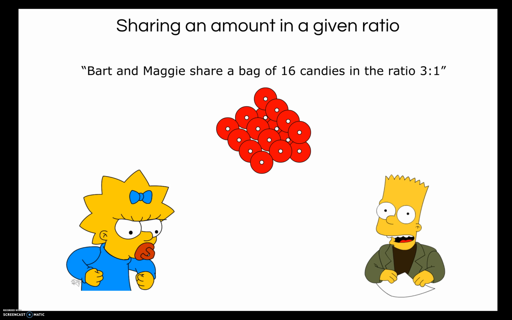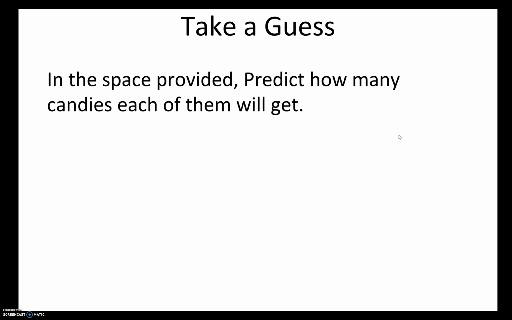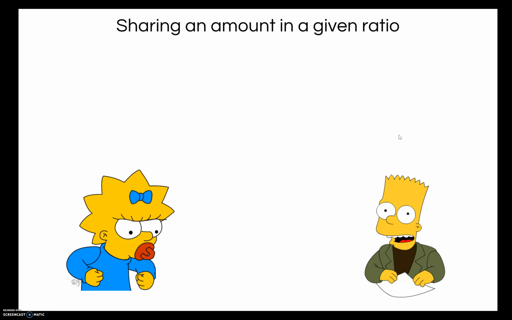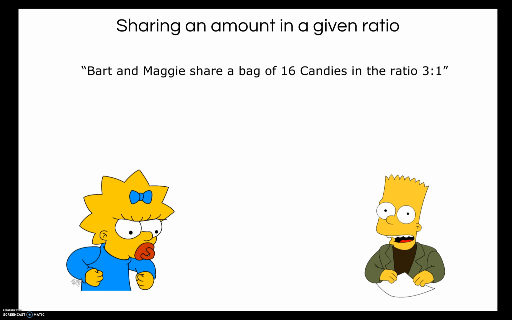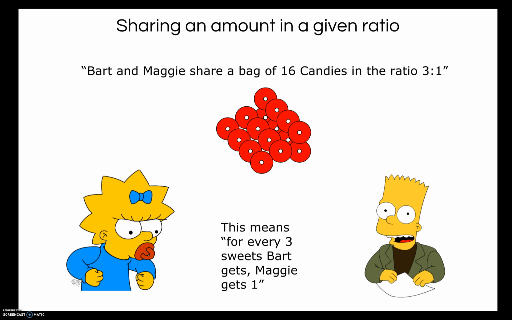You can use manipulatives to do this. This means for every 3 sweets or candies Bart gets, Maggie gets 1. So now here's what's going to happen. Bart and Maggie can share a bag of 16 candies in the ratio of 3 to 1. So they would get 4. Bart would get 4. Maggie would get 3.